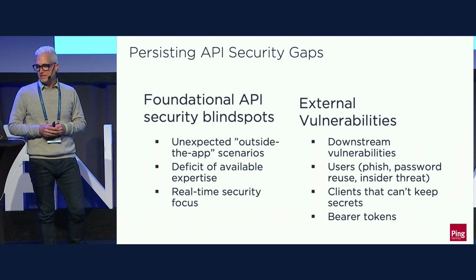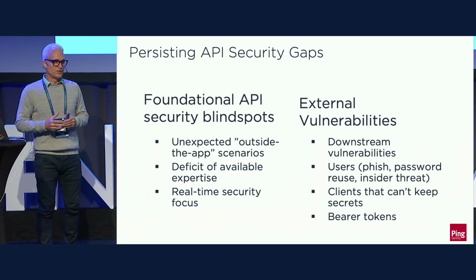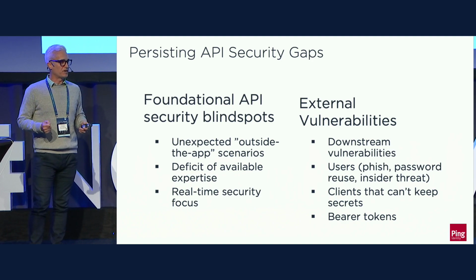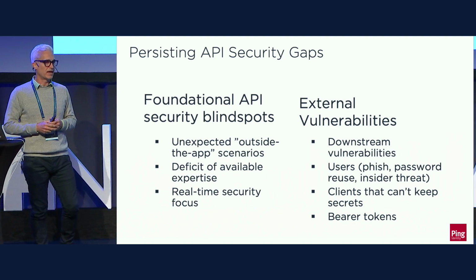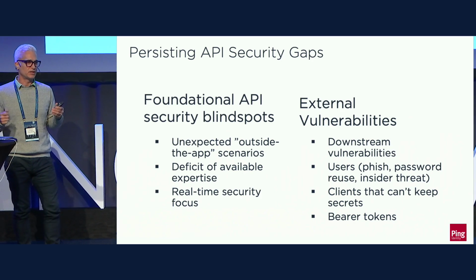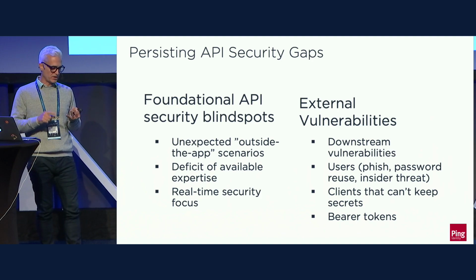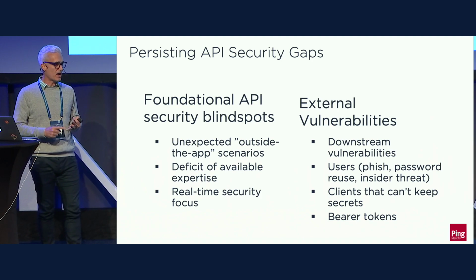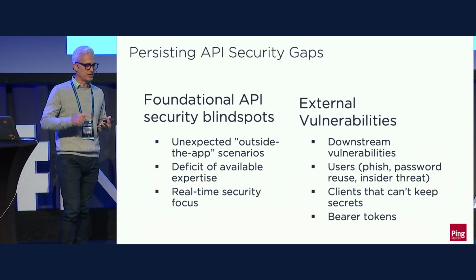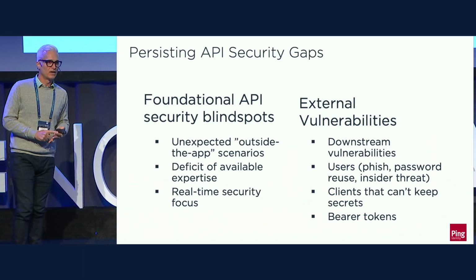There's a deficit of available human expertise, right? There's a lot of very sophisticated tooling that allows you to do API security, but that sophisticated tooling requires sophisticated humans, right? Those are people that need to know about your APIs, they need to know about your application, they need to understand security, they need to understand how your infrastructure works.